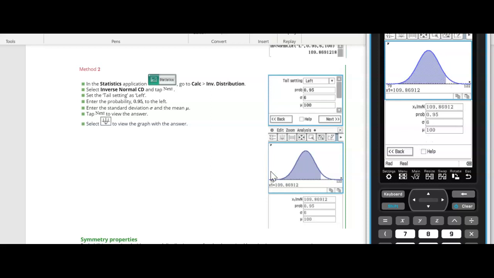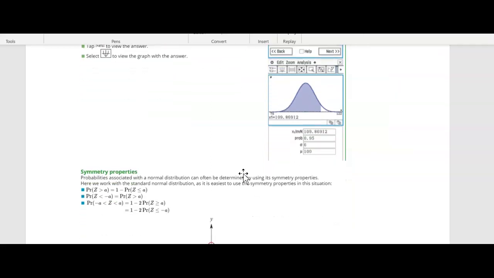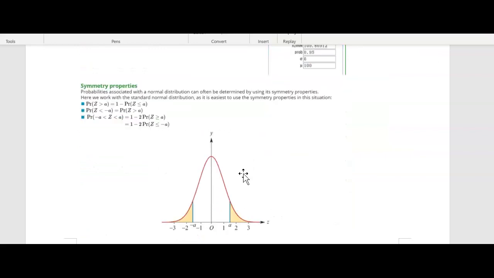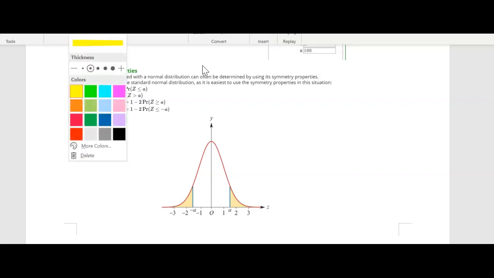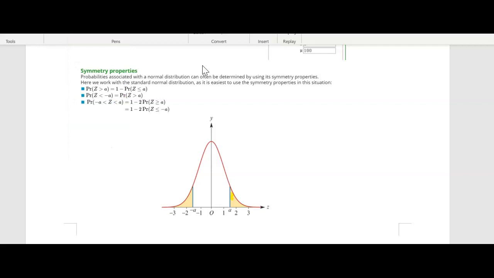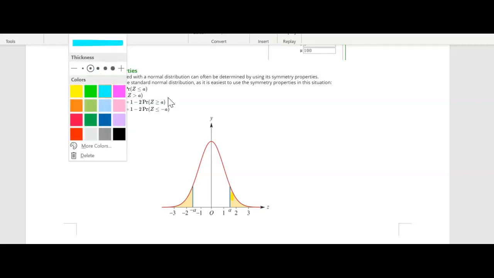All right, now just below that, the symmetry properties, because the normal distribution is symmetrical. Okay, you do have symmetry properties. So the probability that Z is greater than A, so this part here, whoops, I'm highlighting yellow with yellow.